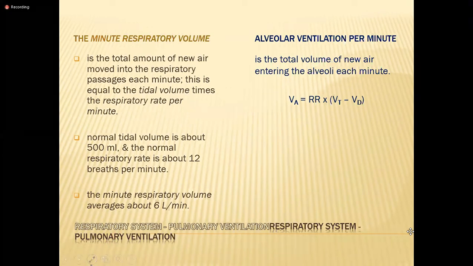So it is equivalent to your respiratory rate times tidal volume minus dead space volume. So 12 times 500 minus 150. Okay. Where VA is your ventilation per minute.